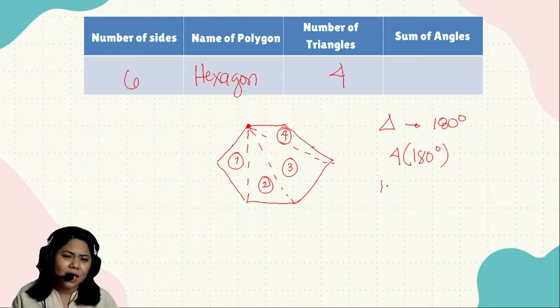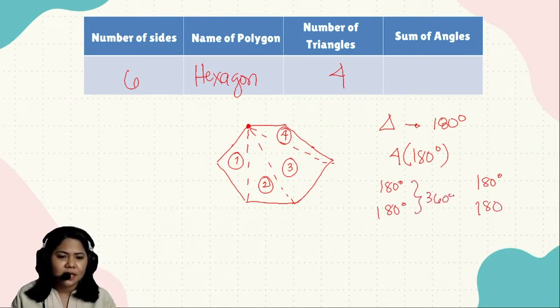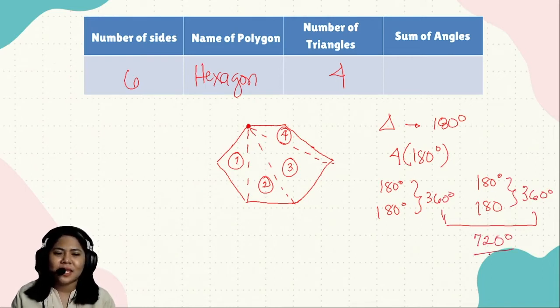Or 4 na 180. 180, 180, 180, 180. This is 360. This is 360. So, in total, 360 plus 360 will give us 720 degrees. So, grade 7, the sum of angles of a regular hexagon is 720 degrees.